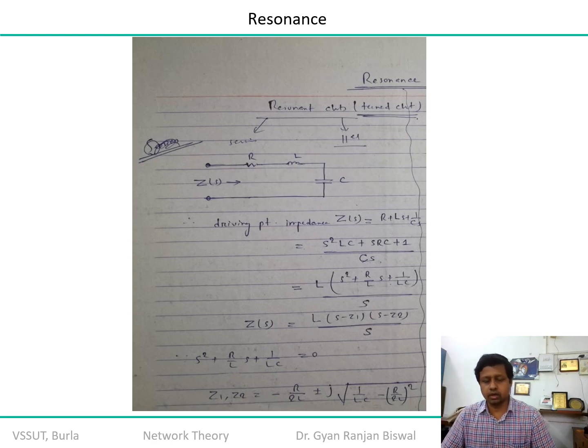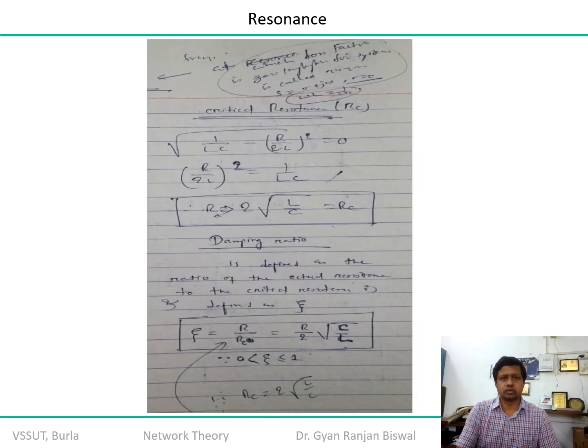From here you can get your two roots, S1, S2, which is minus R by twice L plus or minus j root over of 1 by LC minus (R by twice L) square. So you are getting two roots here. Therefore, how can we define this particular resonance frequency?